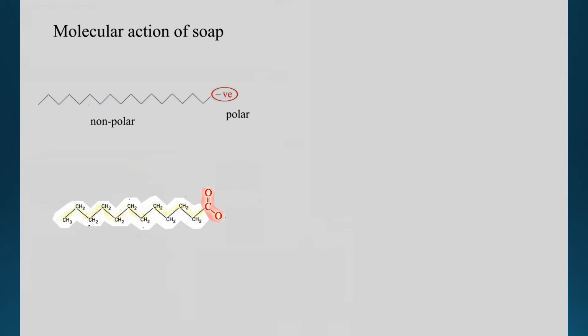As you see, you have a COO, which is the negative head, and a CH2 hydrocarbon tail, that is non-polar. The COO part is called the carboxylate group. This group is polar, so it forms hydrogen bonds with water.